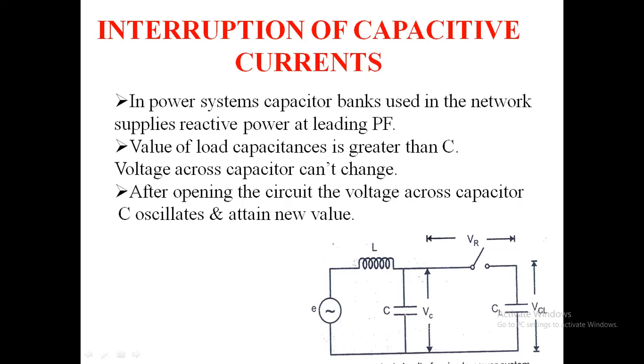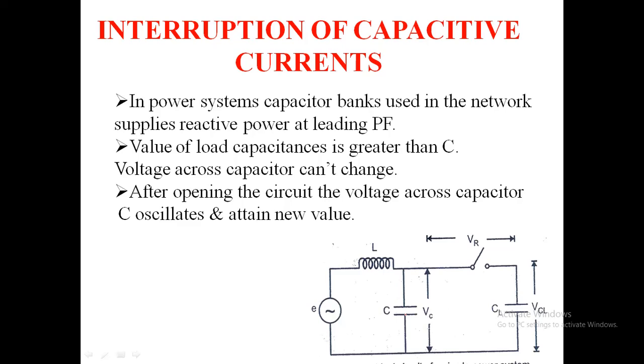The value of load capacitance will be greater than the capacitance, so the voltage across the capacitor can't be changed. After opening the circuit, the voltage across the capacitor C will oscillate and attain a new value. This is your circuit diagram representing the interruption of the capacitive current.